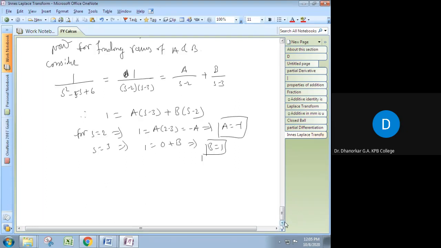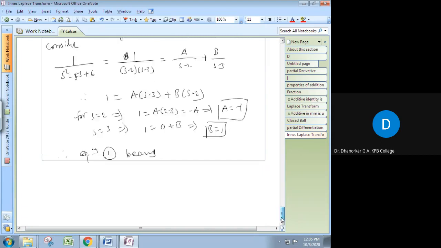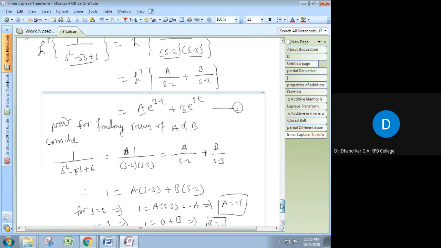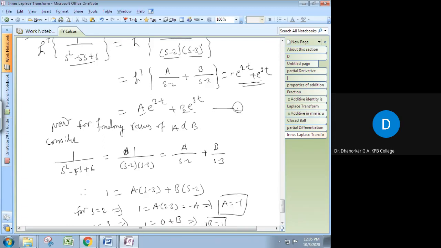By putting these values of a and b in equation 1, a is equal to minus 1, b equal to 1, you will get the answer: minus e raised to power 2t plus e raised to power 3t. This is your inverse Laplace transform of this function. Okay?